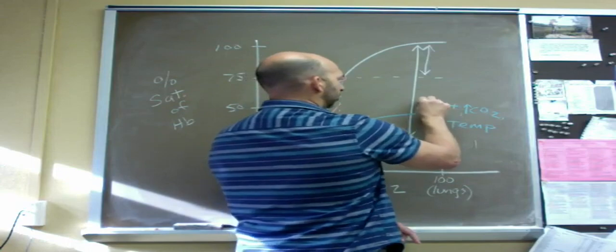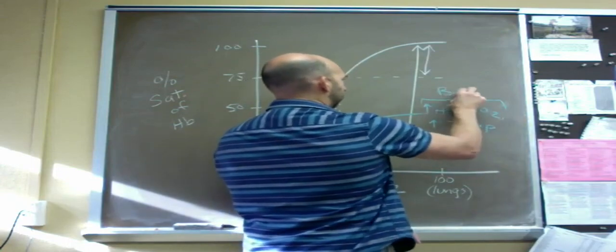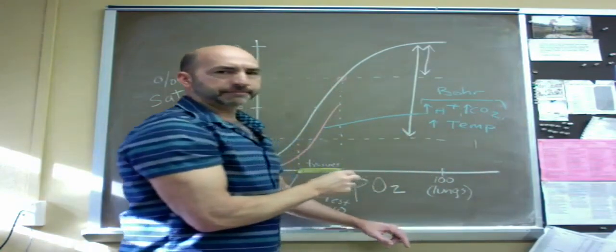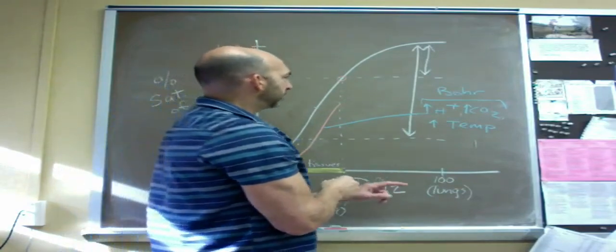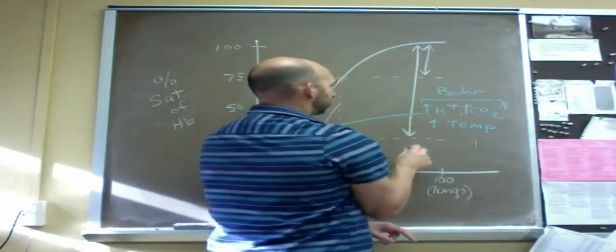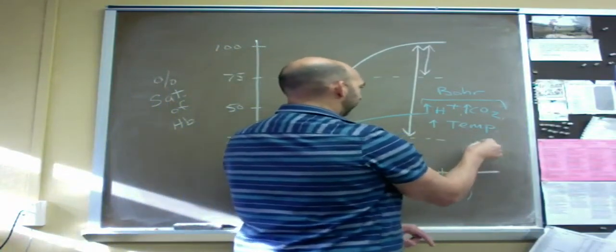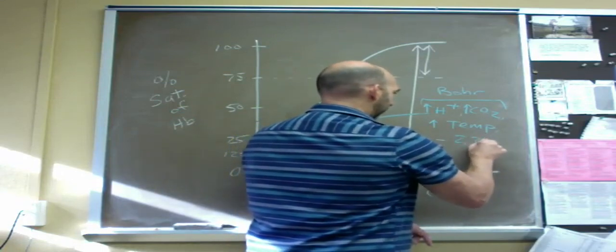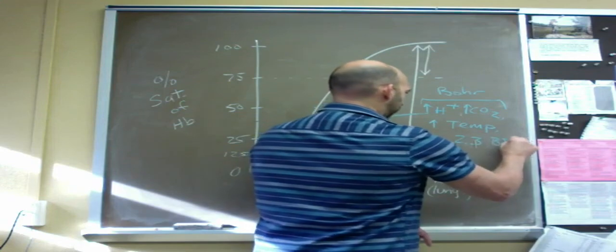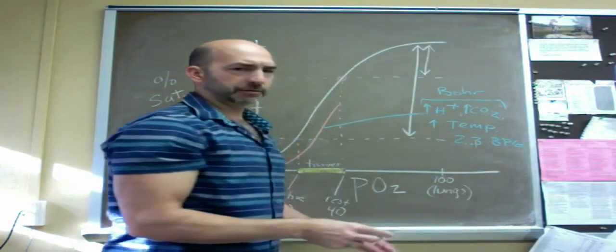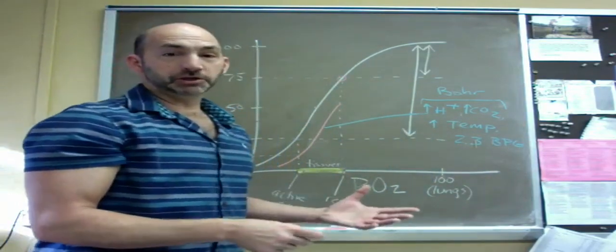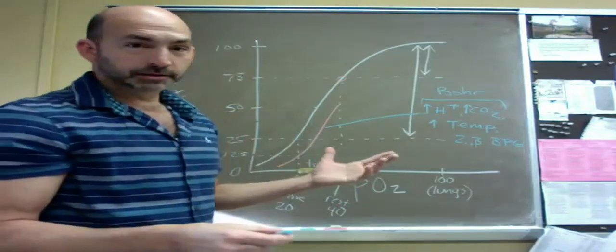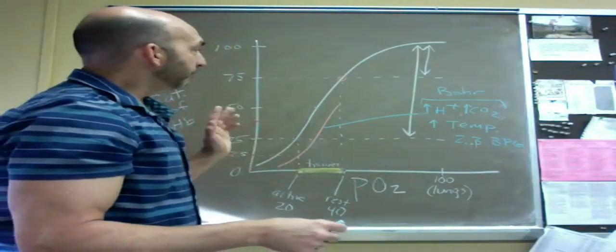These two were the Bohr effect, right? And the fourth item on our list is 2,3-BPG, bisphosphoglycerate. Some people call it DPG for di instead of bi, same thing.